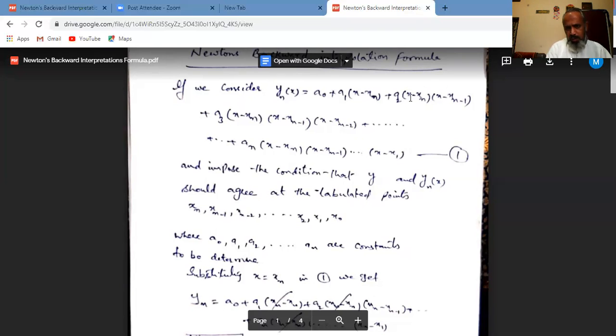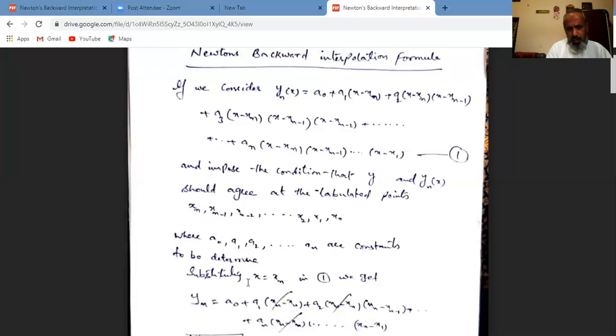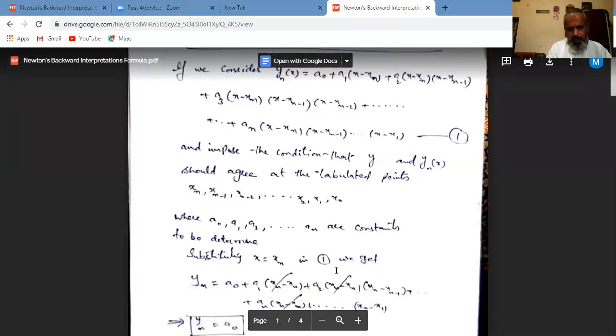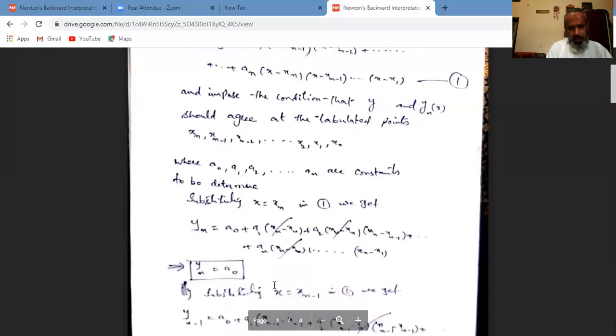If we substitute x equal to xn, all the terms vanish except the first term. So we get yn equal to a0. This is the first constant a0 which we have determined.